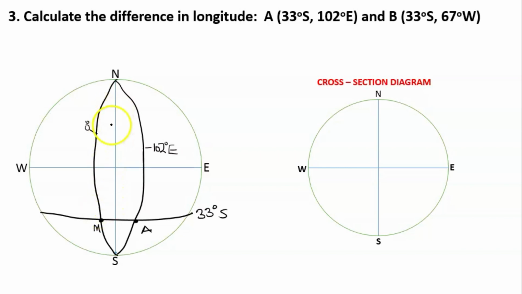Okay, so from the meridian, I'm also able to take an angle down to this point. Let's assume this is my 67 degrees west. Okay, so I can see my point of intersection here also. This is my point B now.